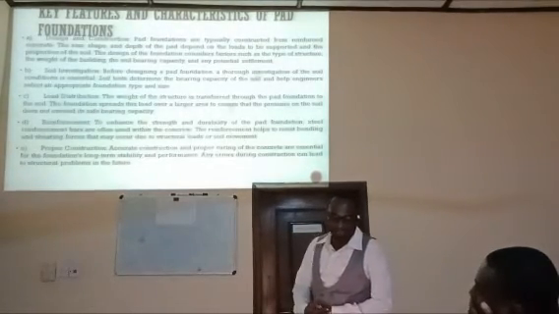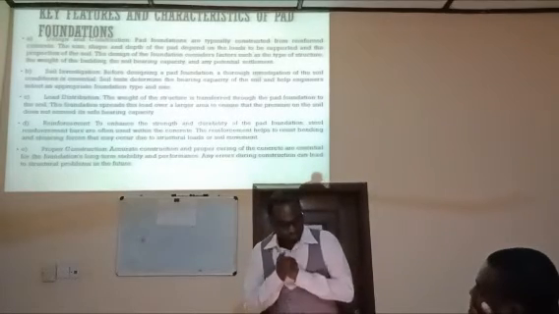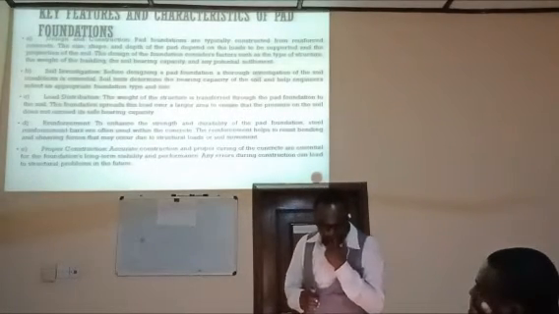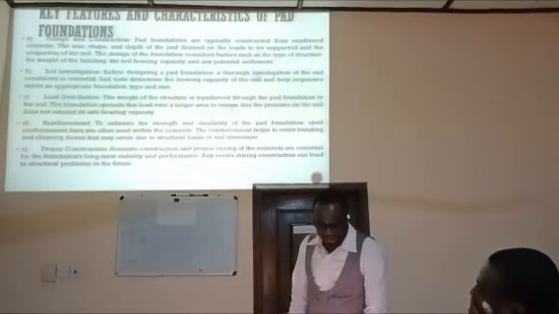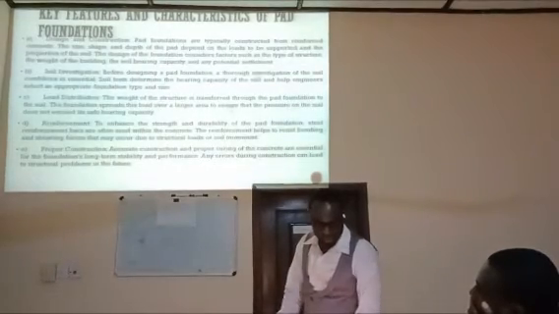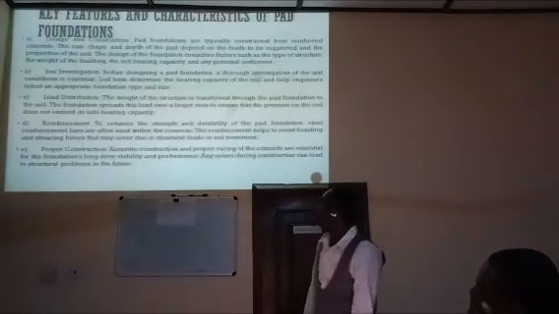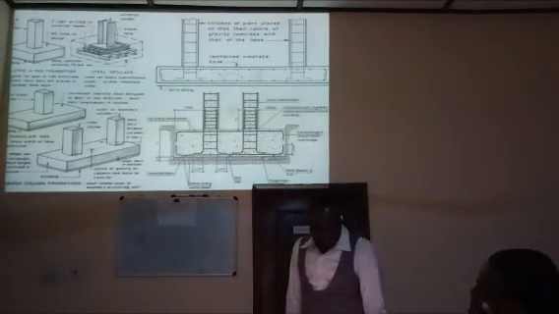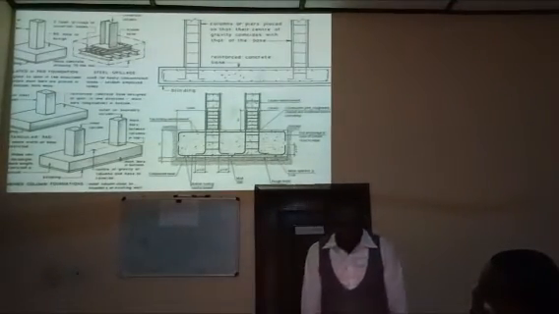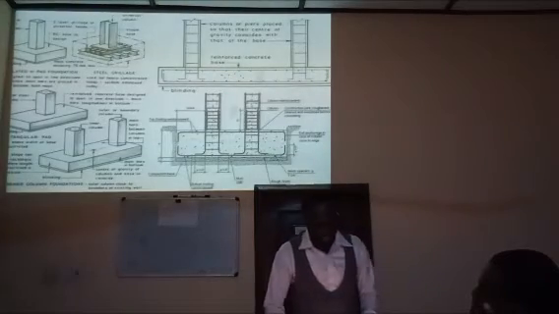Number one is isolated pad foundation. That's standing alone, carrying its own load, so it's called isolated. The next one is square pad footing. Now it can be any shape. You can decide to use square, you can decide to use rectangle.